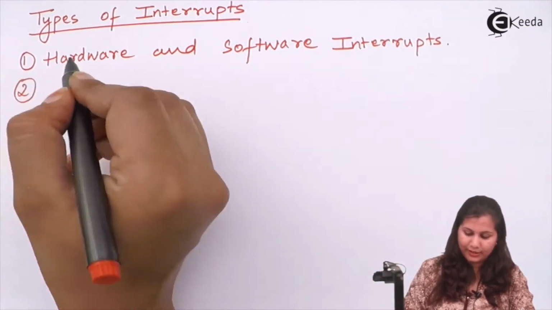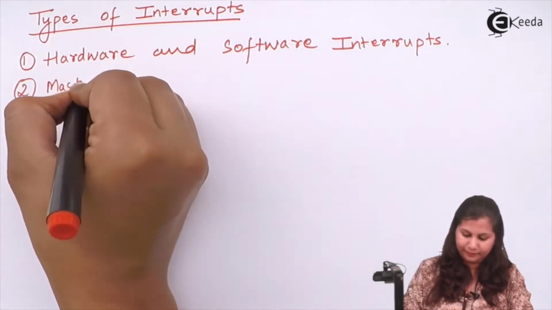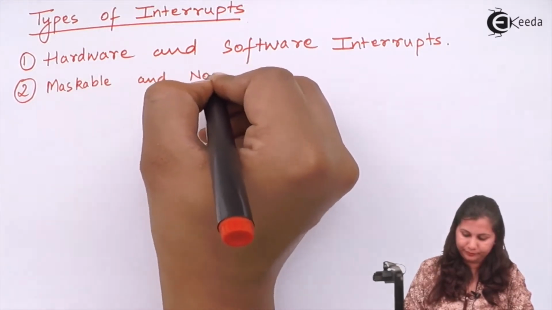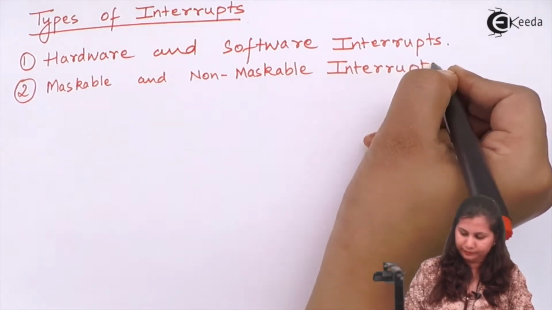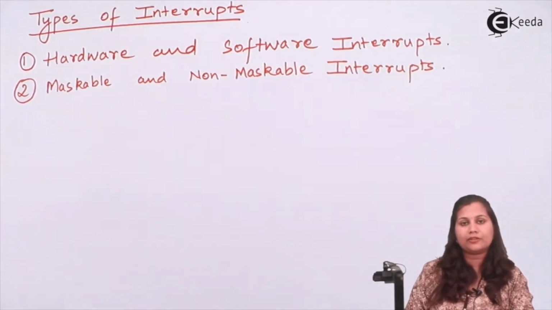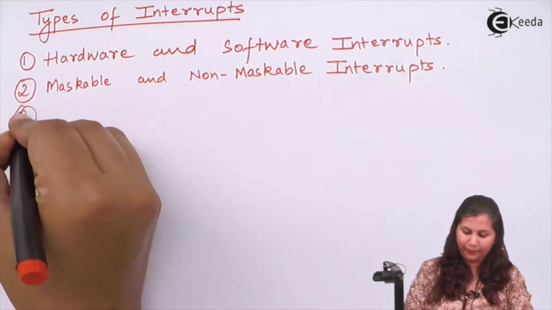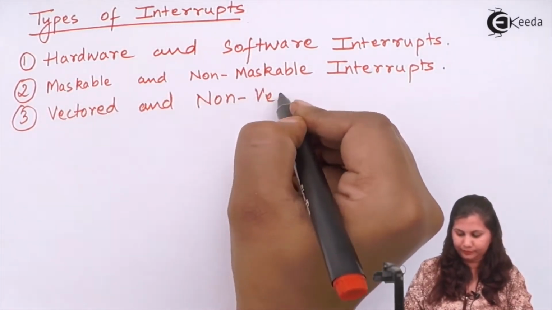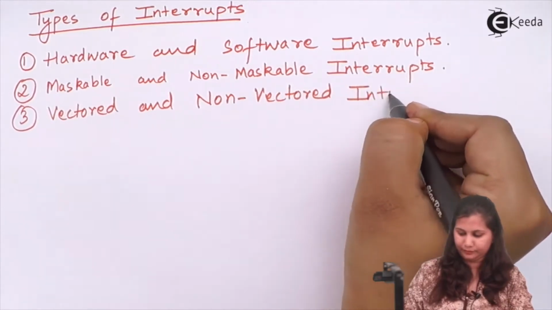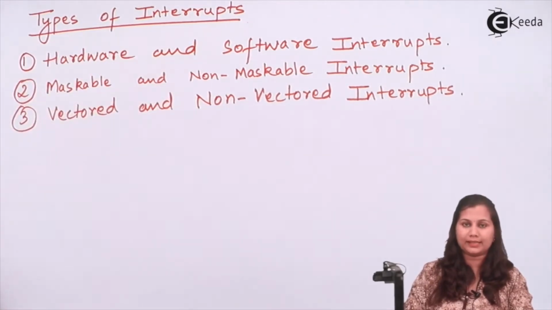Second classification is maskable and non-maskable interrupts. Third classification is vectored and non-vectored interrupts. So in these 3 ways, the interrupts in 8085 can be classified.